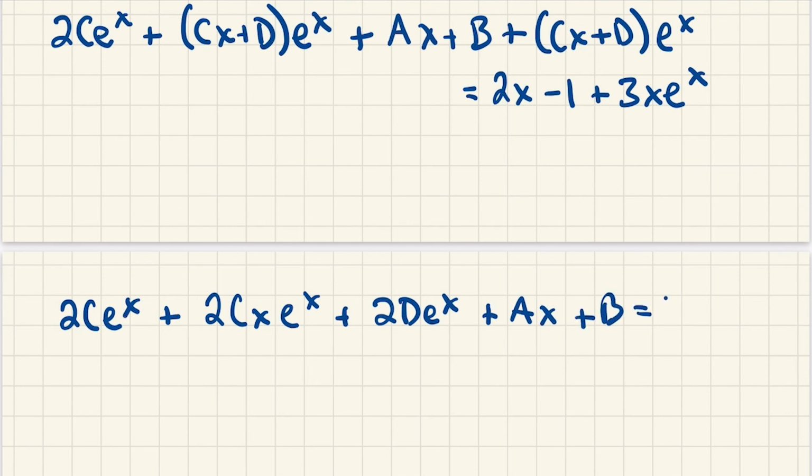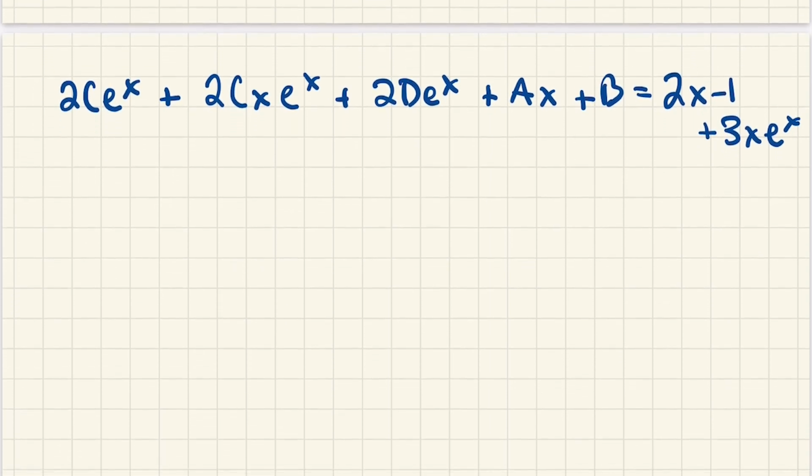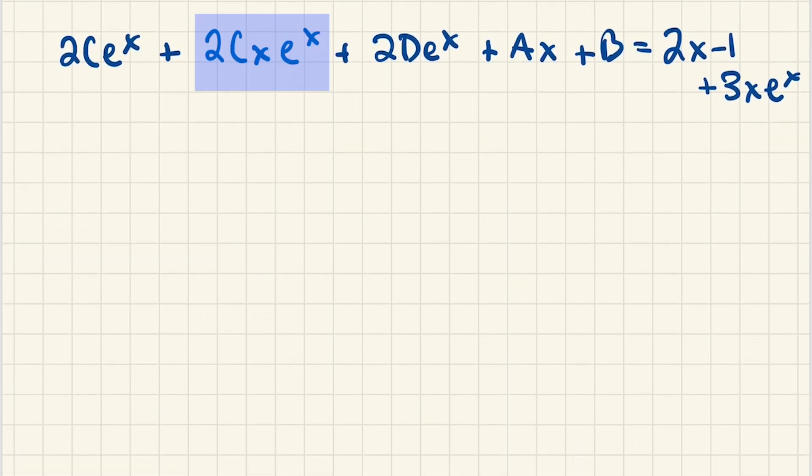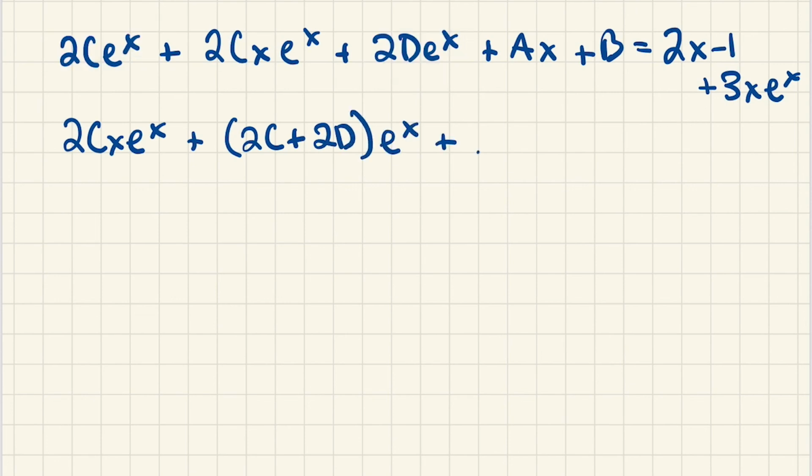And that's equal to 2x minus 1 plus 3x e to the x. So again, let's start with this guy. We've got 2cx e to the x. That's the only one of its particular brand. We have 2c plus 2d e to the x plus ax plus b is equal to 2x minus 1 plus 3x e to the x.